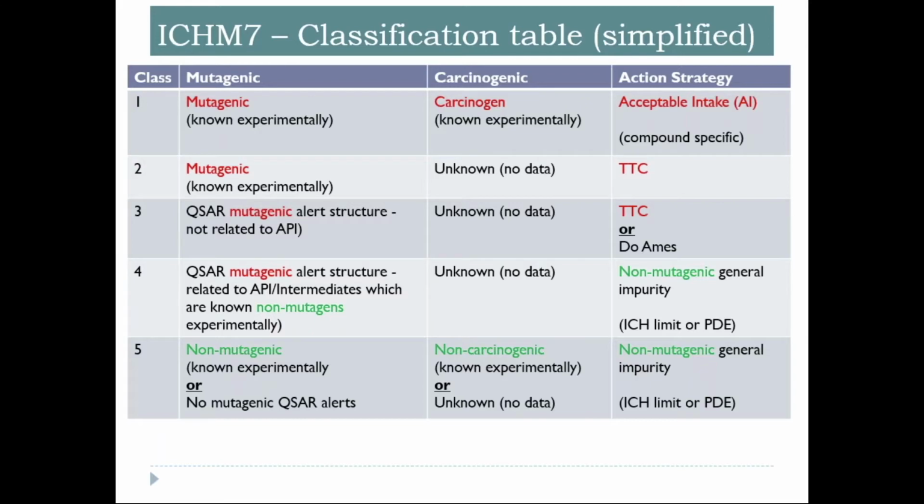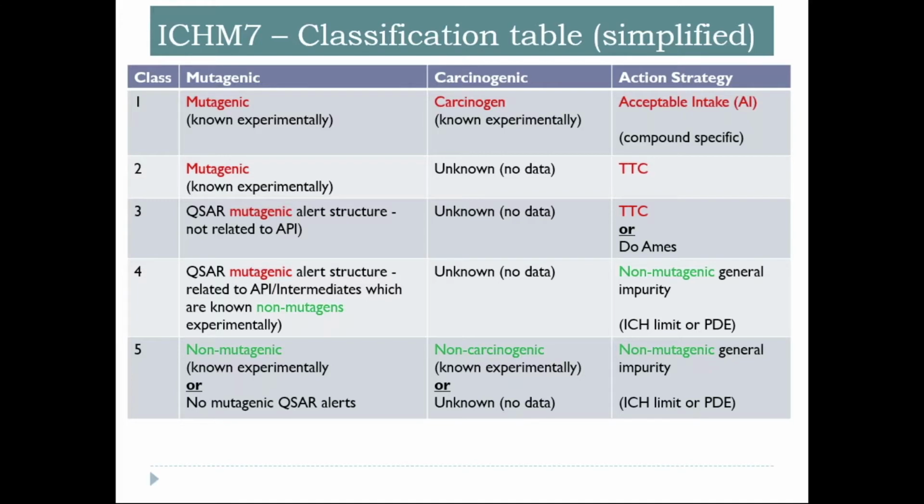So this classification table is the base of ICH M7. It depends on the two major endpoints, mutagenicity and carcinogenicity, with outcomes based either on experimental data or QSAR. When we talk about QSAR, it involves both rule-based and statistical-based software tools.